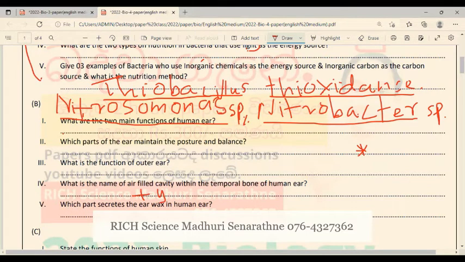Which part secretes the earwax in the human ear? Auditory canal. Okay. You know, auditory canal. This is actually an extra point.